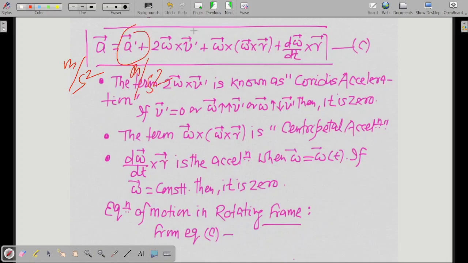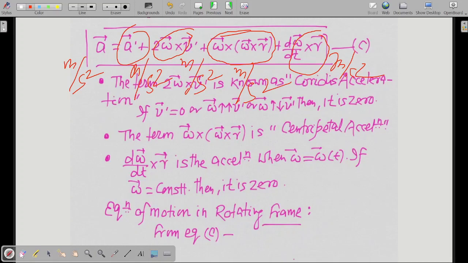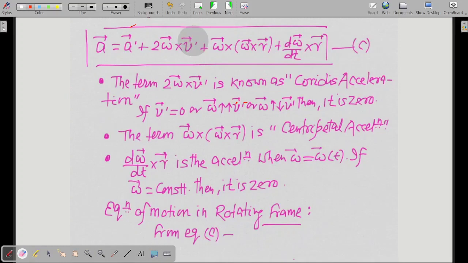So this particular term must also have meter per second square as the unit, and this particular quantity must also have the same dimensions. Why? Because only then can these 4 terms be added together. Only then will the addition of these 4 terms be defined. That's why all these 3 terms also denote some kind of acceleration.